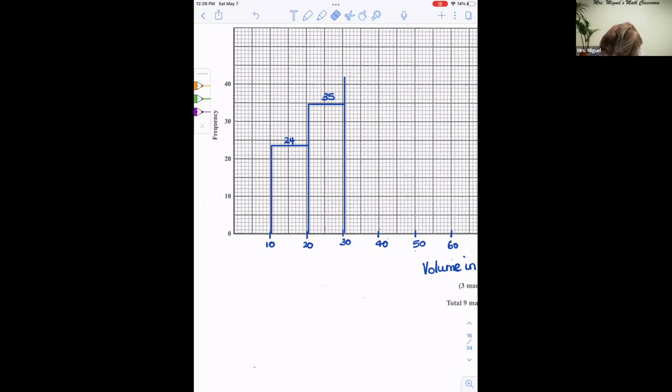This one's a little long. Then the next one is 28. Coming straight down. And the last one is 21.